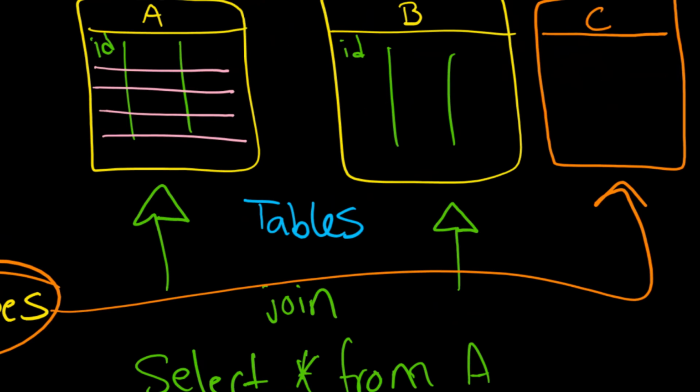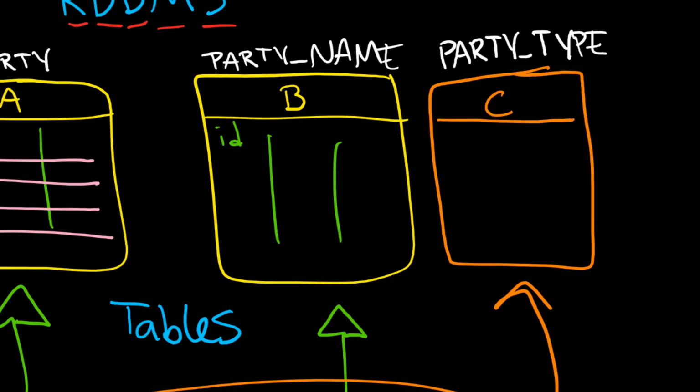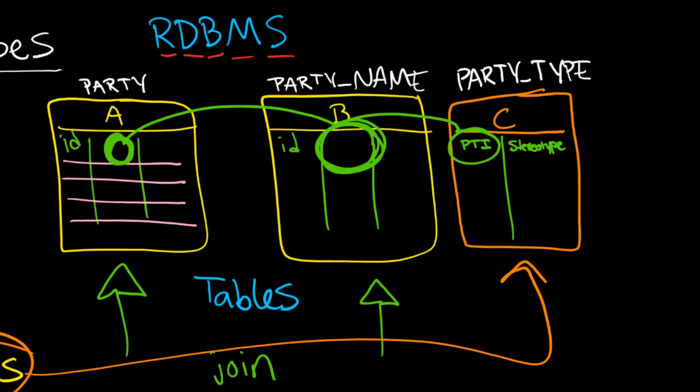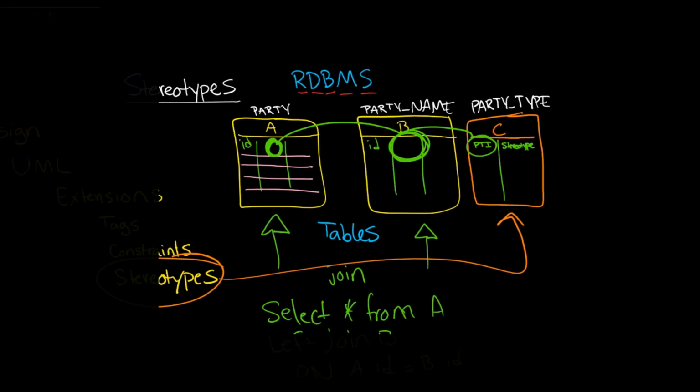So for example, we know that we have a party type ID as one of the columns, and we also have a stereotype as a column. Well, it turns out that this party type ID can be joined to a column here called party type ID and joined over here to party type ID. And that allows us to join effectively all of the tables together by using this idea of stereotypes.